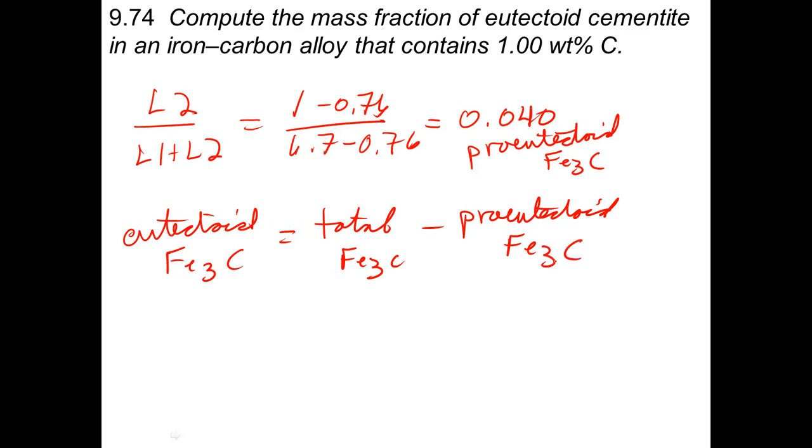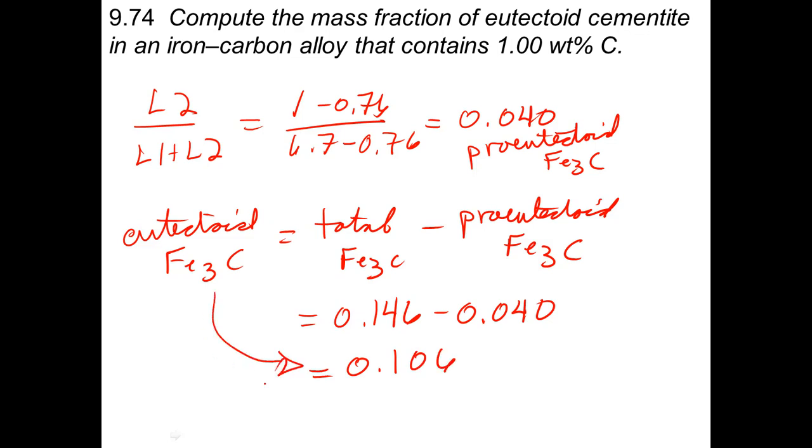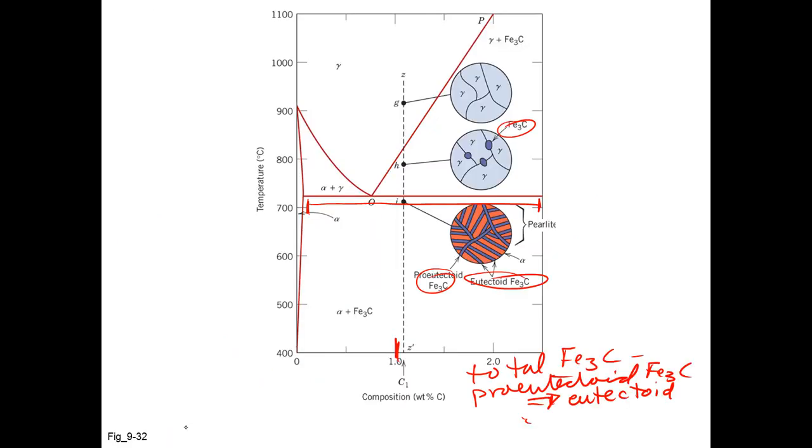I have to take the total cementite minus the pro-eutectoid values. Using the values I found earlier, the eutectoid cementite mass fraction is 0.106.